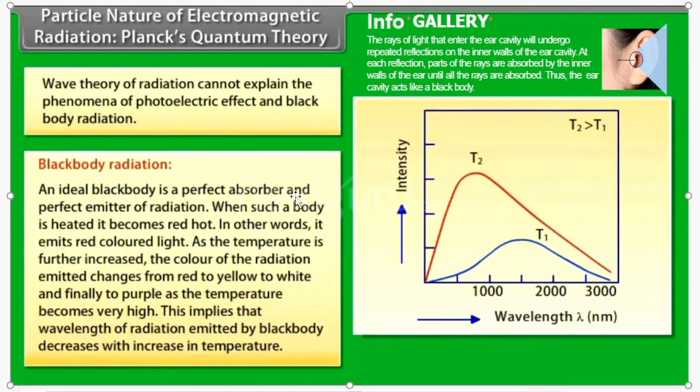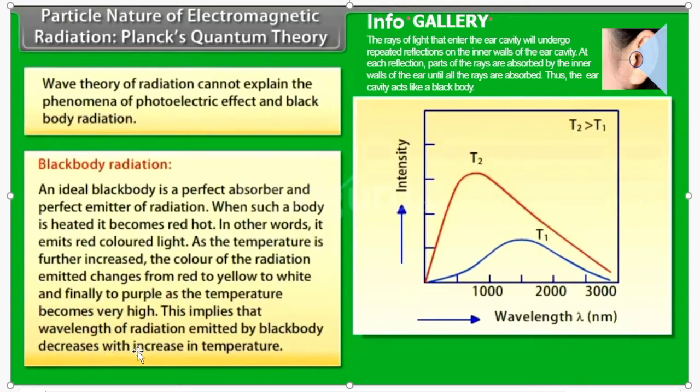If you look at the graph of intensity against wavelength, temperature T1 is smaller than T2. You can see at temperature T1, all ranges of wavelength of radiation are emitted, but the highest intensity is at the peak value, which is called the wavelength maximum.